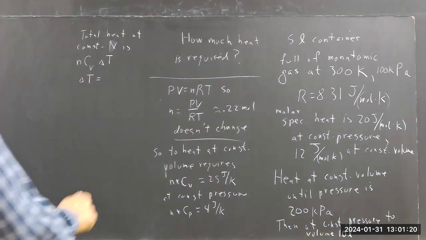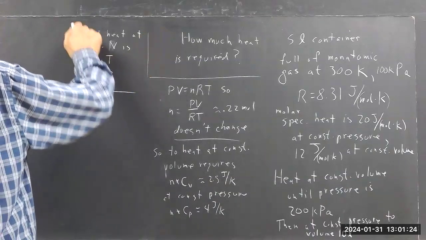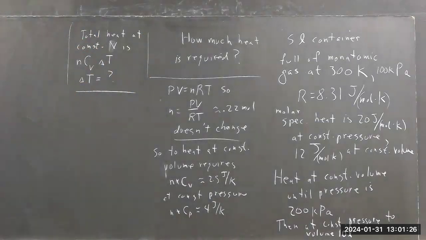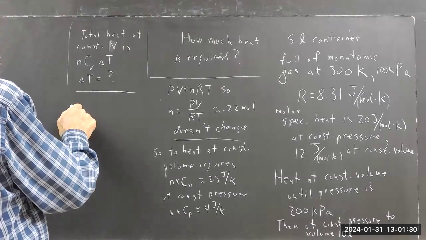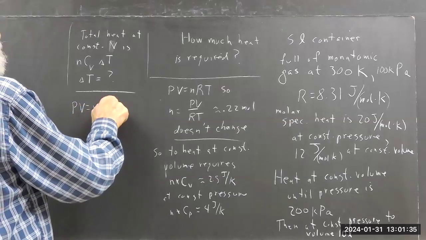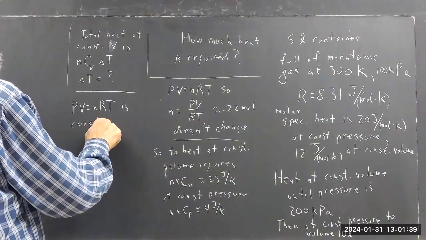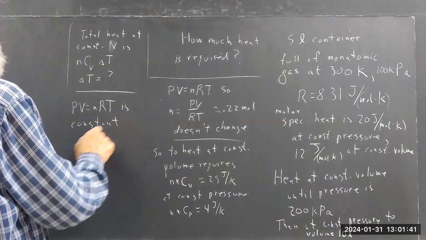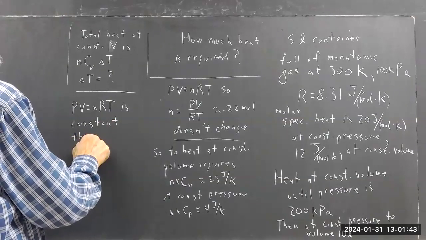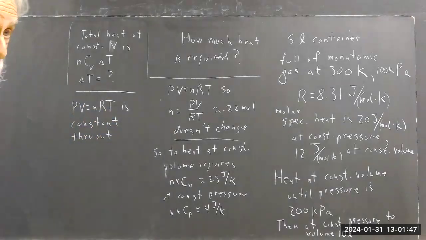Well, we don't know what delta T is, although we kind of do because it's a simple proportionality. So what's our delta T? Well, nRT constant throughout.